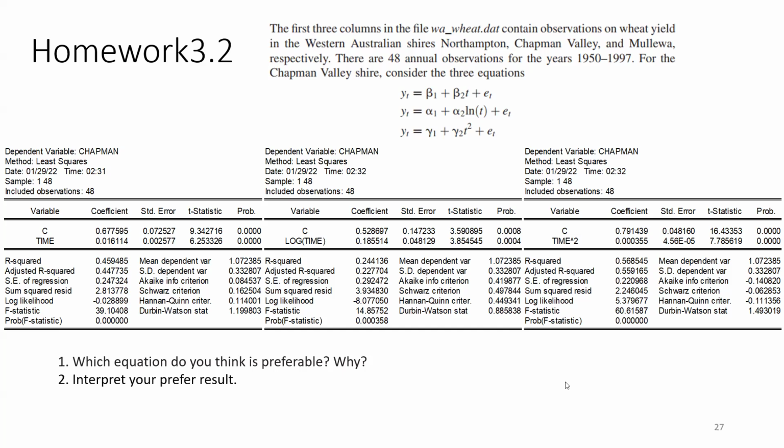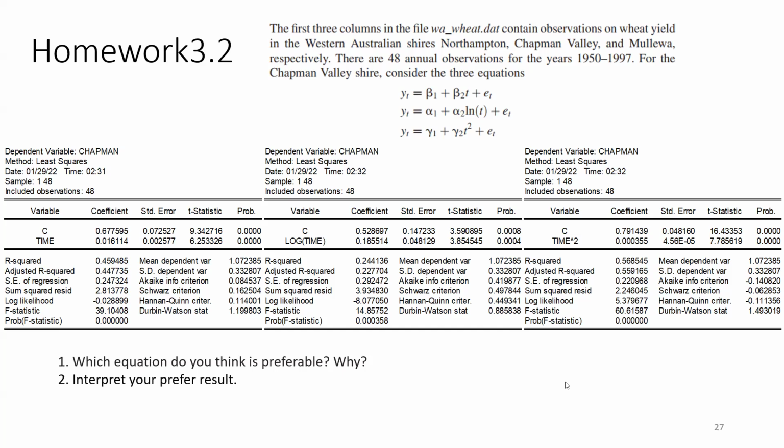For the first question, I ask you which equation do you think is preferable and why? Let me know your opinion. Which characteristic or which number do you use to pick between 3 models? Why? And then interpret your preferred results.